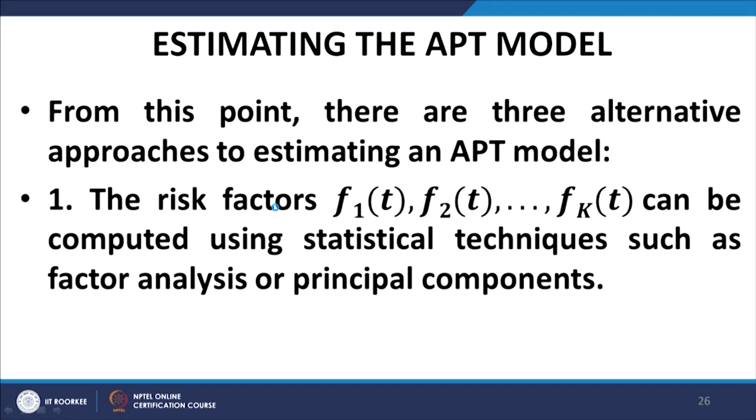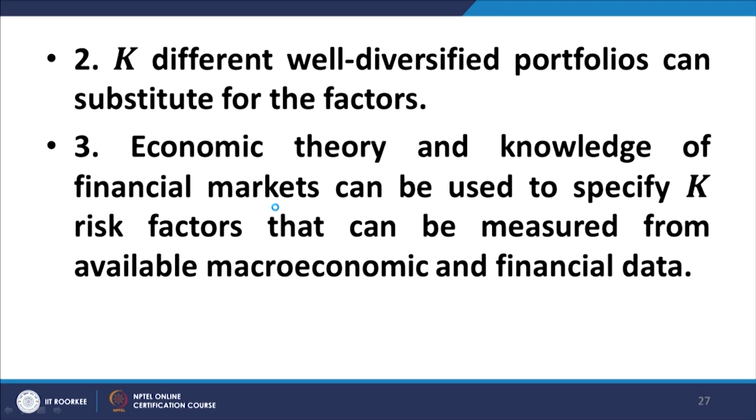Now, we talk about the estimation part. From this point there are 3 alternative approaches to estimating an APT model, that is, we have to find some way of identifying the risk sources or the risk factors. The risk factors F1, F2 up to FKT can be computed using statistical techniques like principal component analysis or factor analysis.